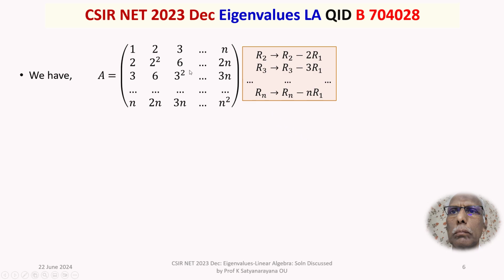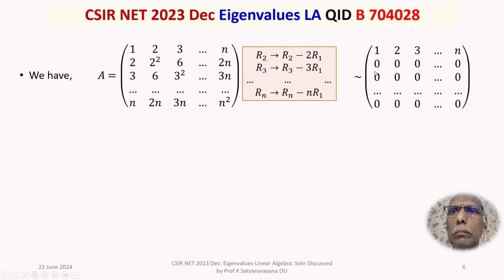Then you will see that the second row, third row and nth row all become 0. So this is equivalent to the first row 1, 2, 3, ..., n, and all other rows zeros.